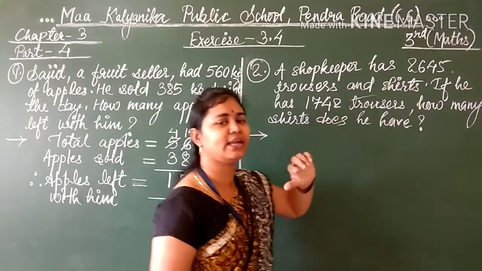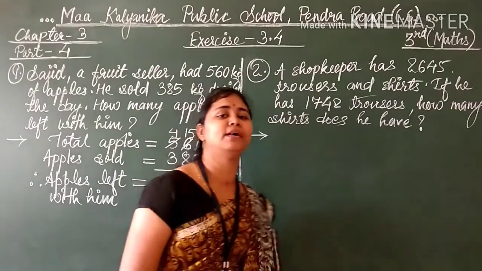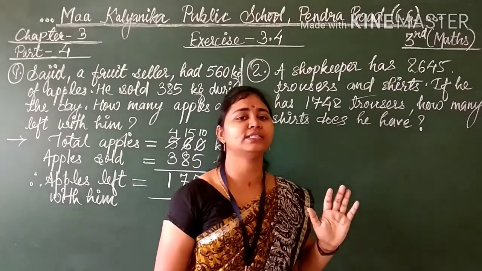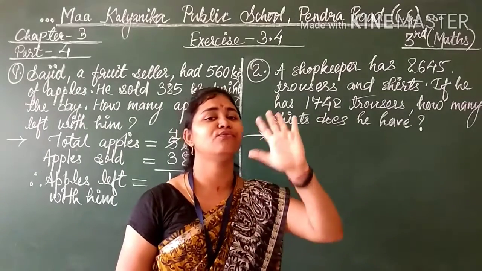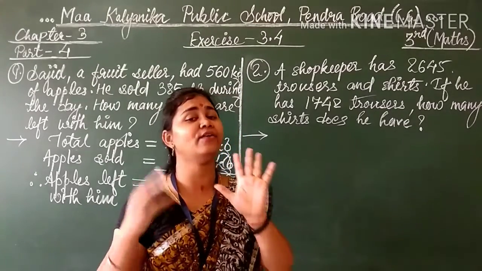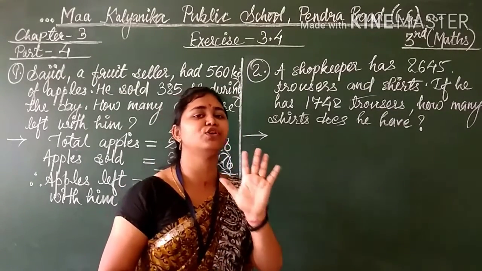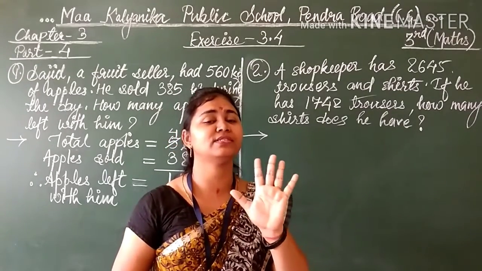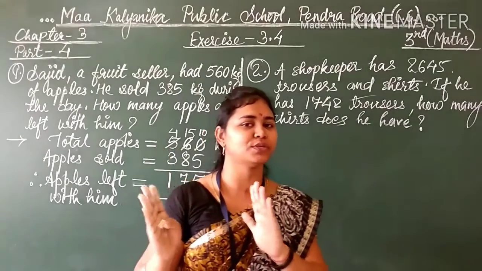So total is there. So students, for example, I am taking you as an example. Think about you. For example, you have 5 shirts and trousers. Means I am telling that 5 is the number of both shirts and trousers. Okay.